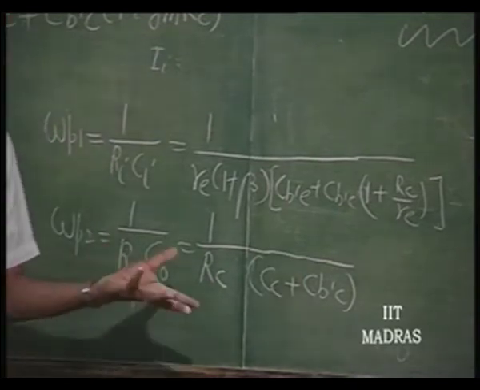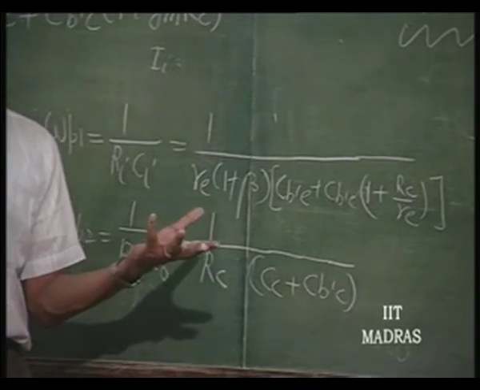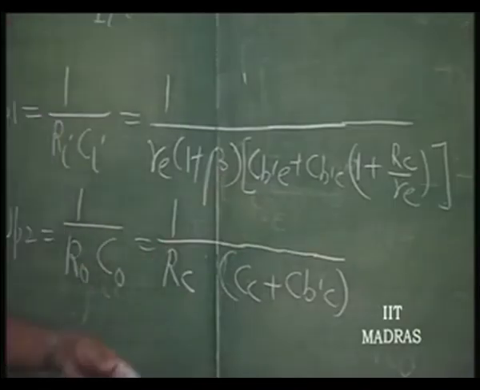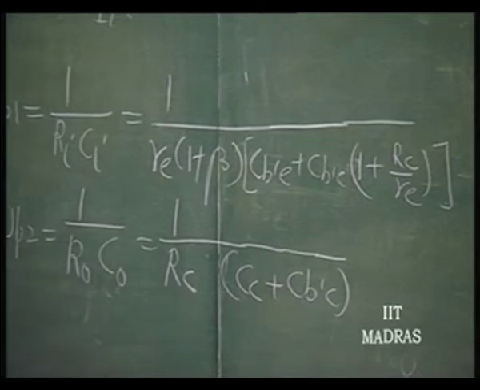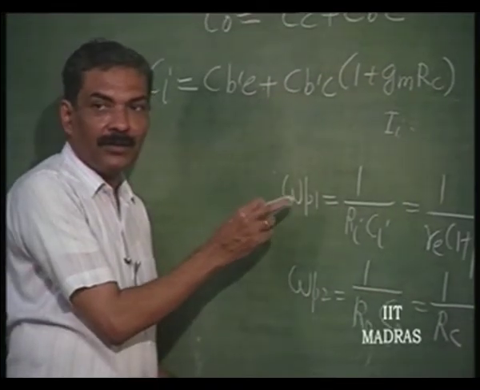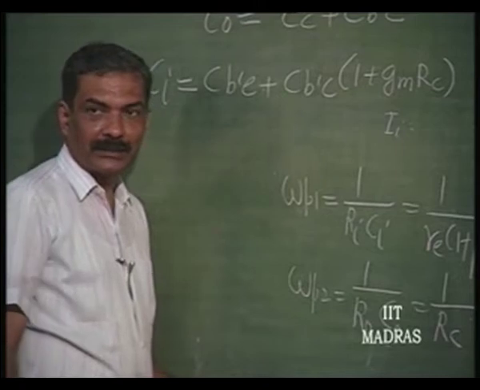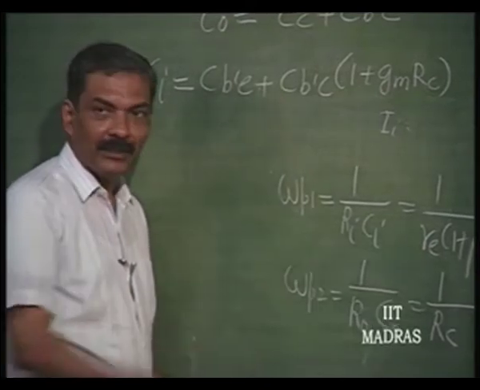Whether it is a common emitter amplifier or common source amplifier, the same thing is applicable. So, you can therefore see here that the bandwidth of the common emitter amplifier is nothing but omega p 1 in most of the cases.